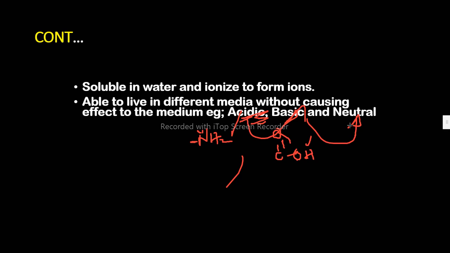If it is okay in basic medium, then let it stay there. For instance, that's why change in pH alters the enzyme activity. We are going to talk about enzymes and see the factors. So think in your mind how these enzymes and proteins are going to be affected by pH.